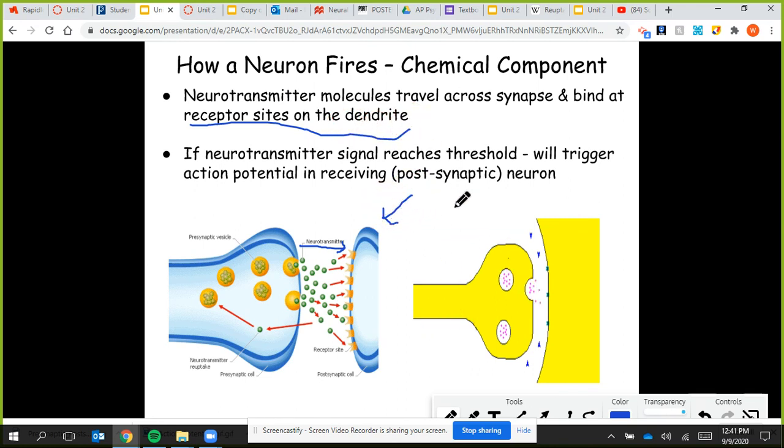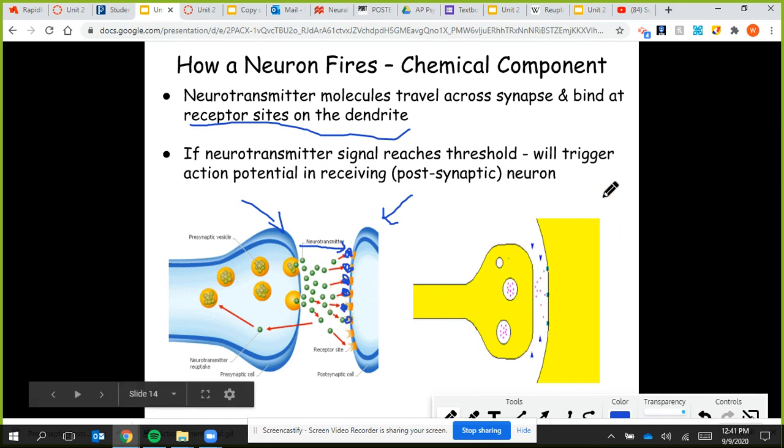That's the dendrite right there. And that's the axon terminal right there. And what they do, these chemical messengers bind at these receptor sites on the dendrite.